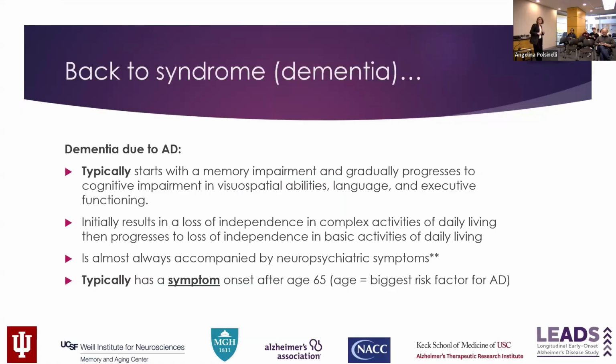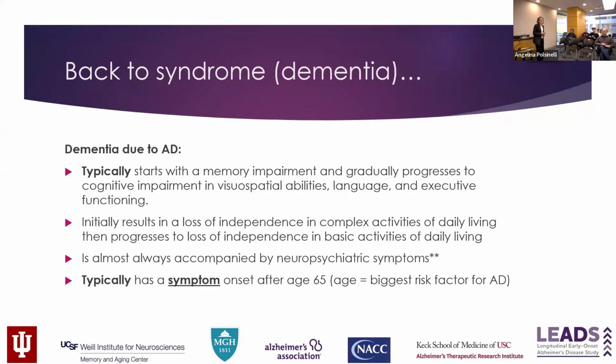But back to syndrome. We talked a little bit about pathology, but when we're talking about dementia, what are we actually talking about? When we're talking about dementia that is due to Alzheimer's disease, typically it starts with a memory impairment. That is usually the telltale sign that gets us concerned that somebody might have Alzheimer's disease.